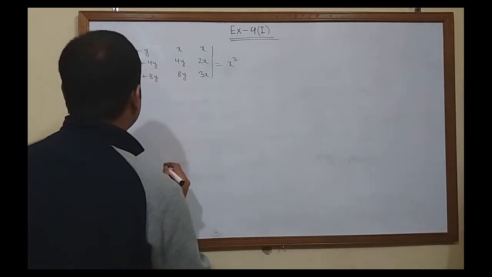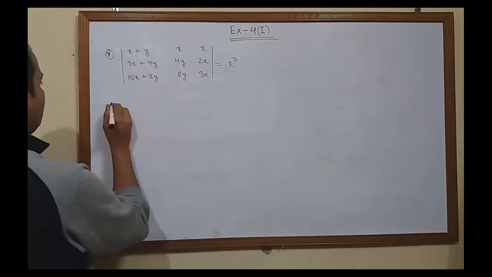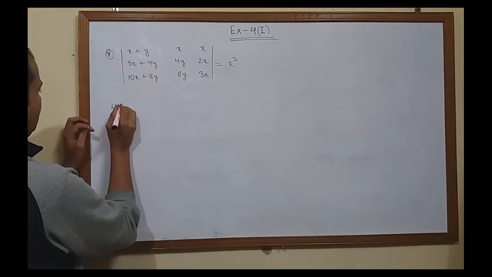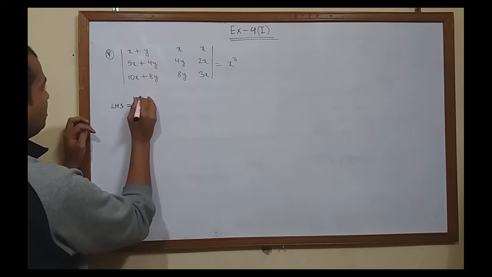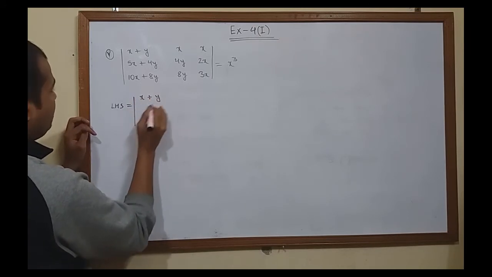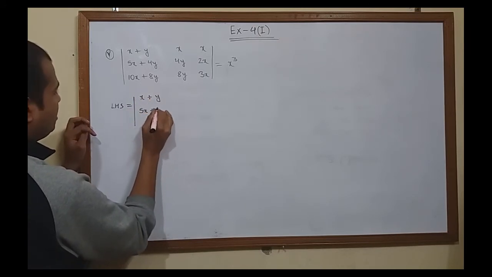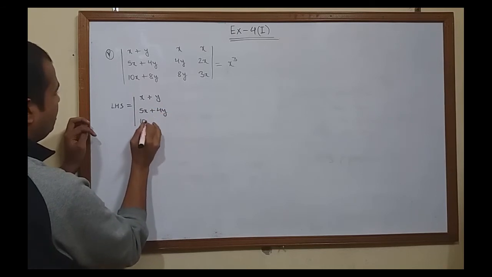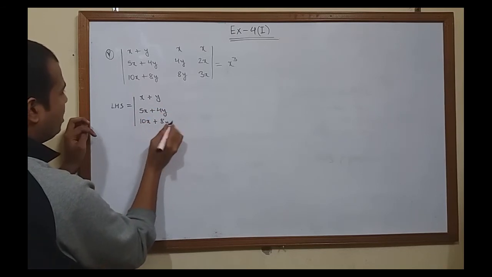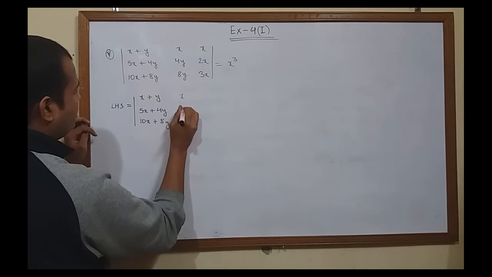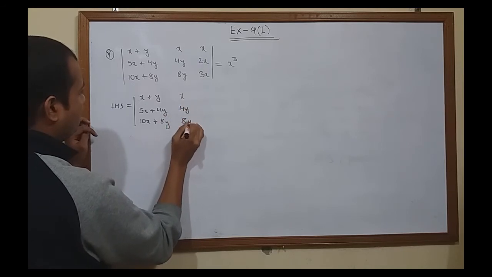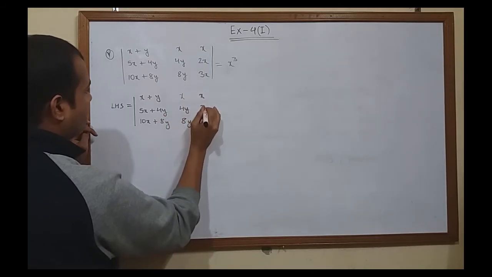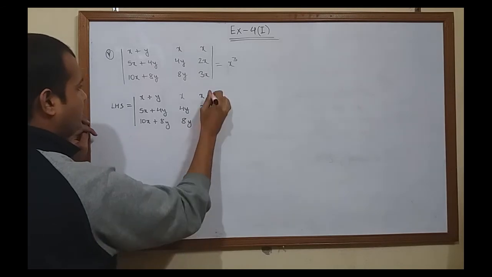So let us take the left hand side. The left hand side is x plus y, 5x plus 4y, 10x plus 8y, x, 4y, 8y, x, 2x, 3x.